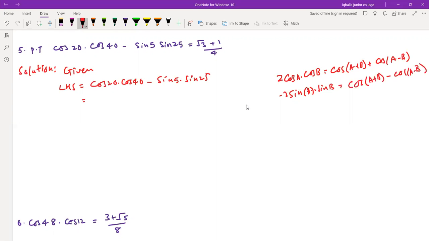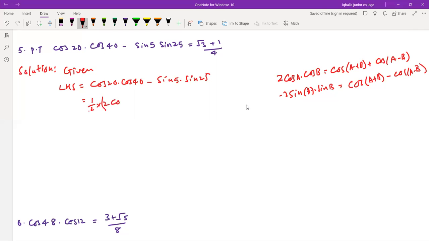So first formula, cos of 20 plus 40 and cos of 40 minus 20. For that we have to make it in that form, so I have to divide and multiply with 2.